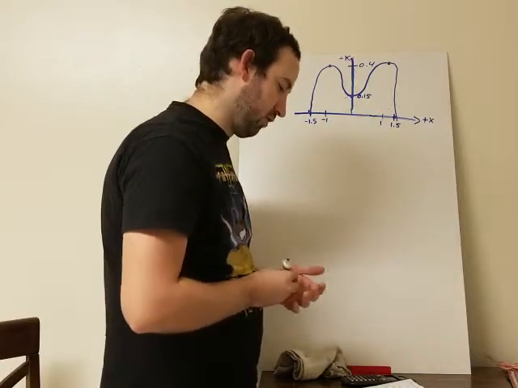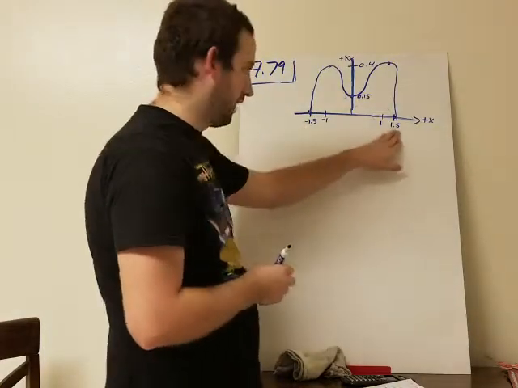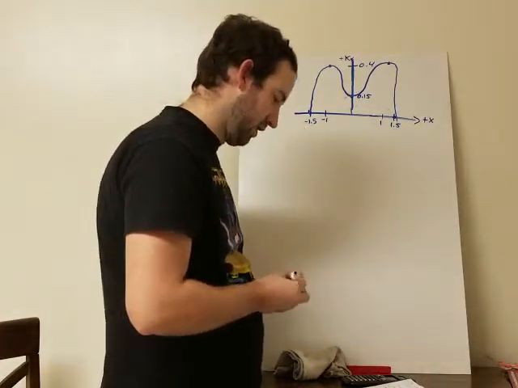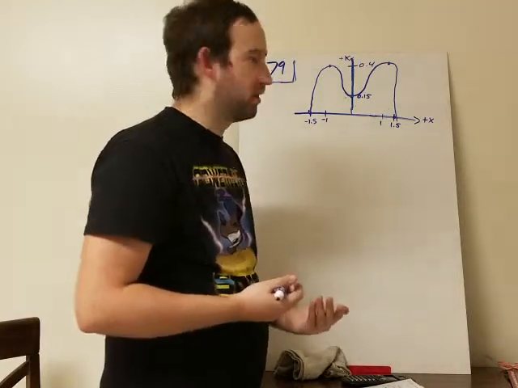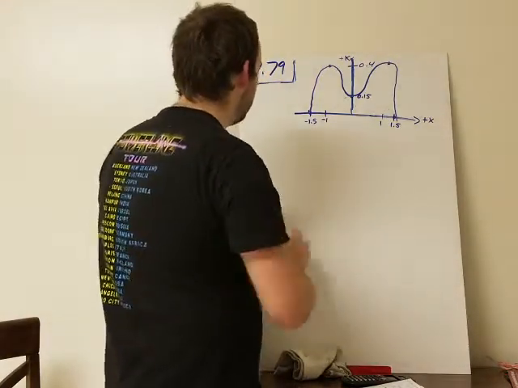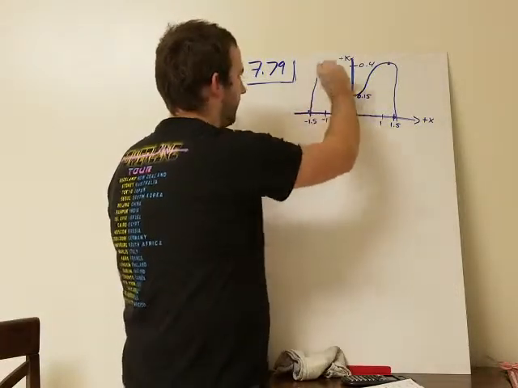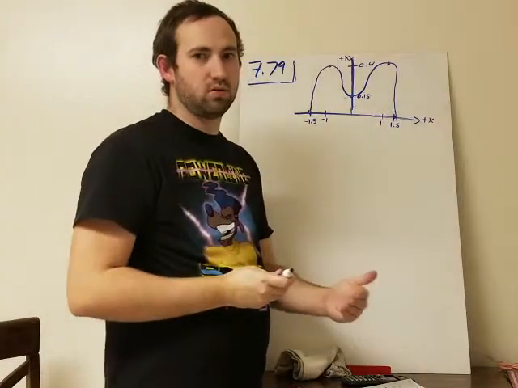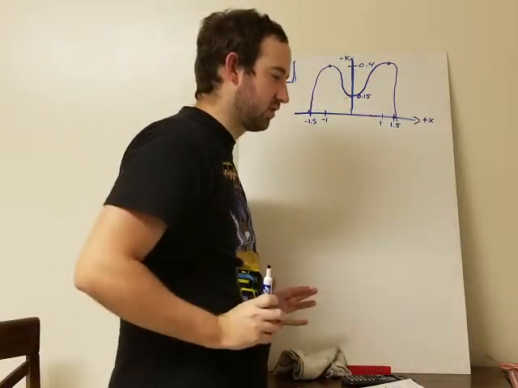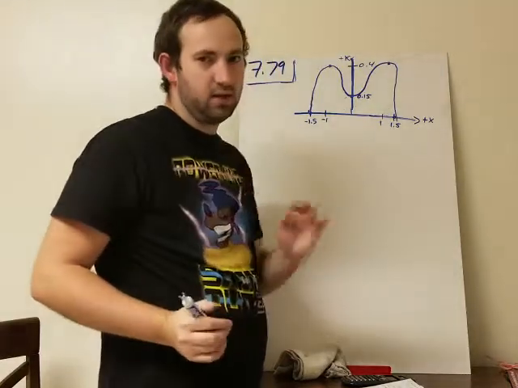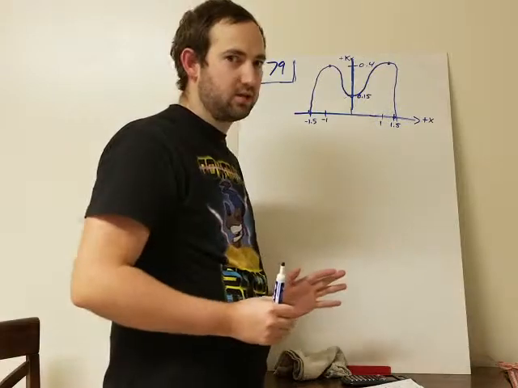Part E wants to know, in what range of values between x equals negative 1.5 and x equals 1.5 is the force positive, and when is it negative? Well, we can see when it's positive, because if the kinetic energy is going up, we know that the force is positive. Something is acting on it and converting that potential energy into kinetic energy.